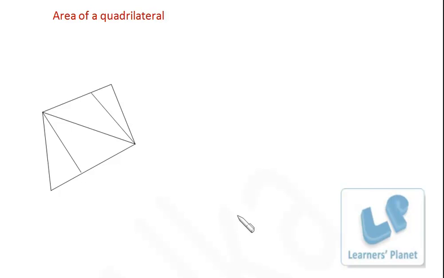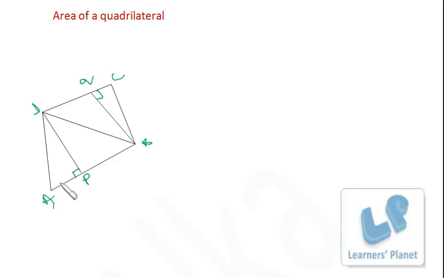now let's see how we find out the area of a quadrilateral. Here I have drawn a quadrilateral, suppose A, B, C, D, and this is the diagonal BD, right? And this is an altitude, suppose this is P, and this is also an altitude, suppose K, right?